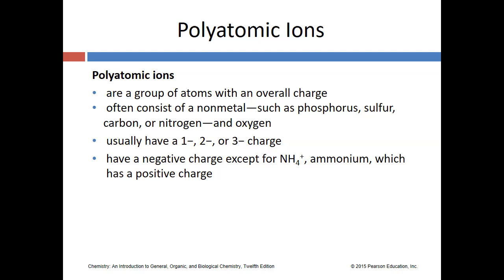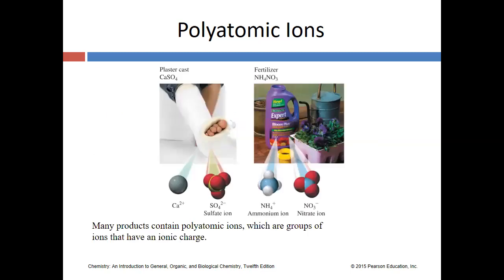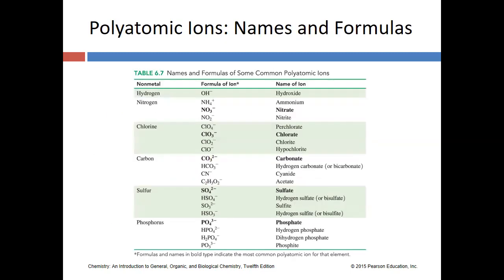The majority of these are negatively charged. And this is the list of the most common polyatomic ions out there. Now, don't worry about trying to memorize all this stuff. You don't need to.